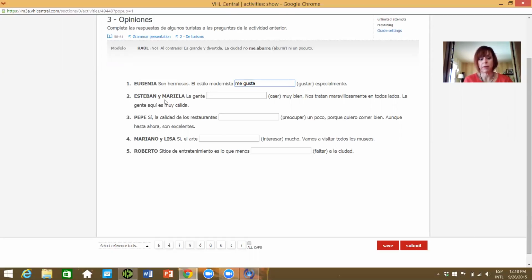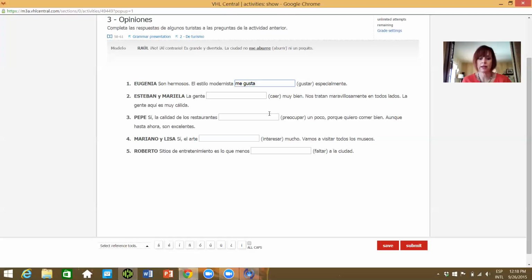This one with Esteban and Mariela, they're talking about la gente. One of the things that you can use is your cue that there's no a in front of this. So that means that la gente is your subject. It is not the object. Okay, so it's not like an a mí, a ti, a él, a nosotros. Okay, this is our subject.